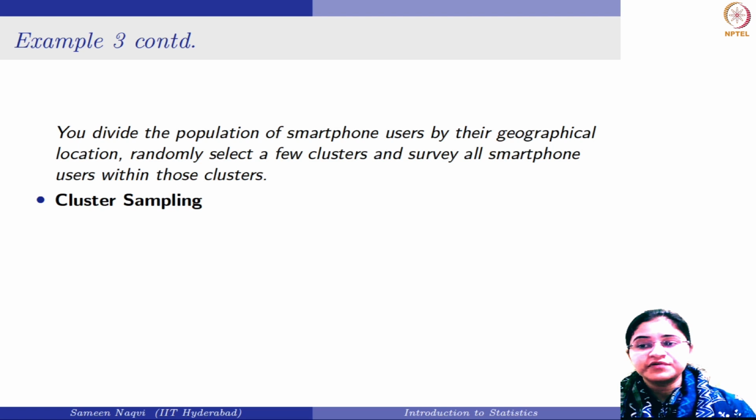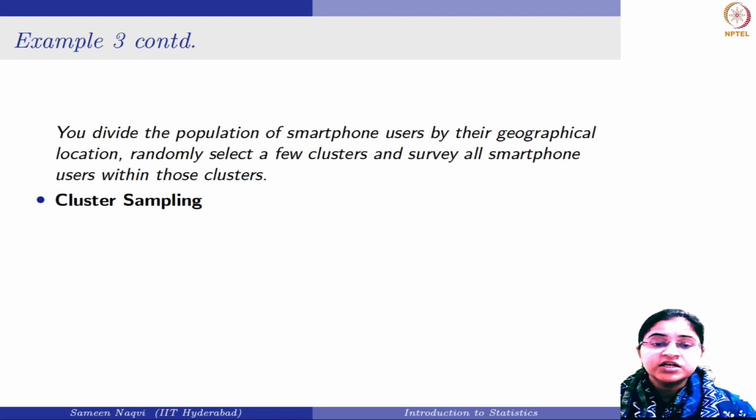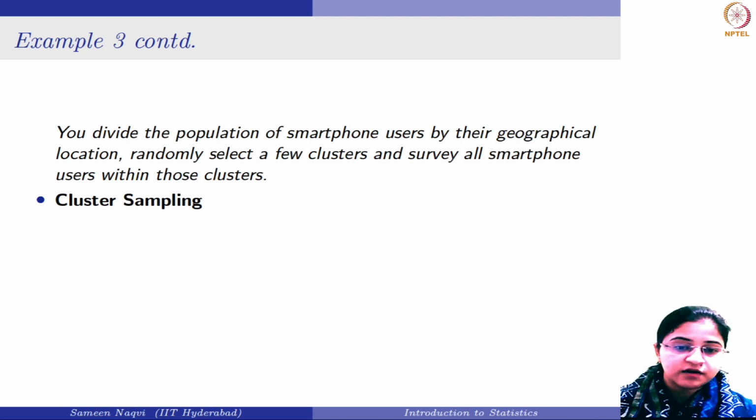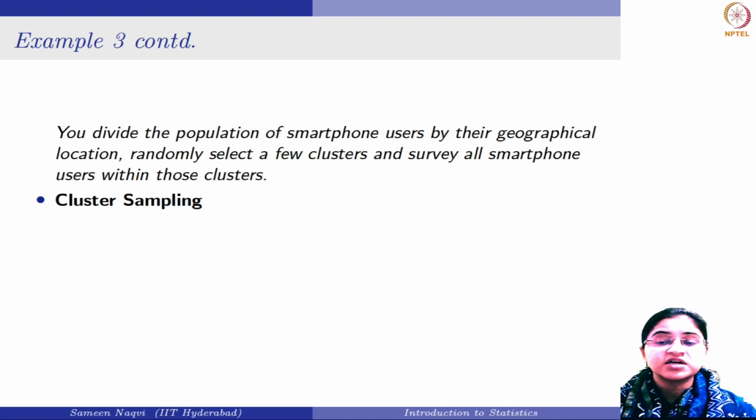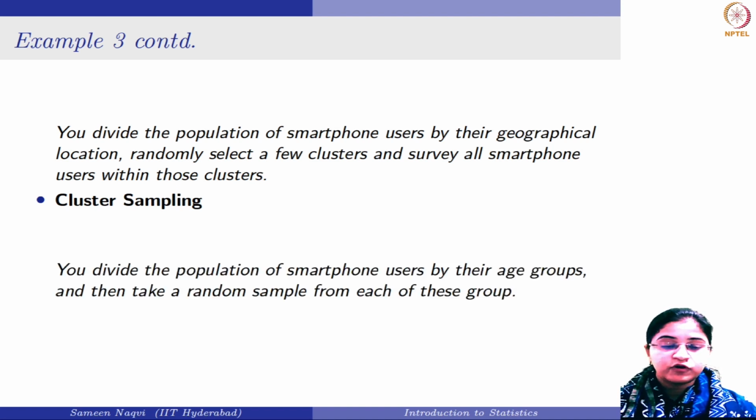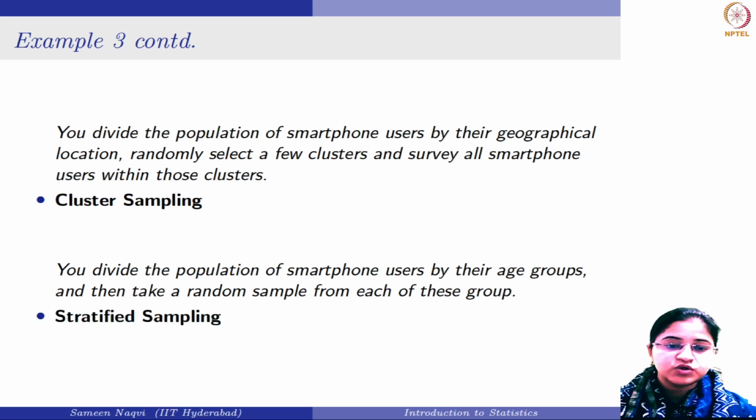However, if you are interested in understanding the app preferences across different demographics like age or income, then you need to conduct stratified sampling. In that case, you divide the population of smartphone users by their age groups and then take a random sample from each of these groups. So in this case, it is your stratified sampling.